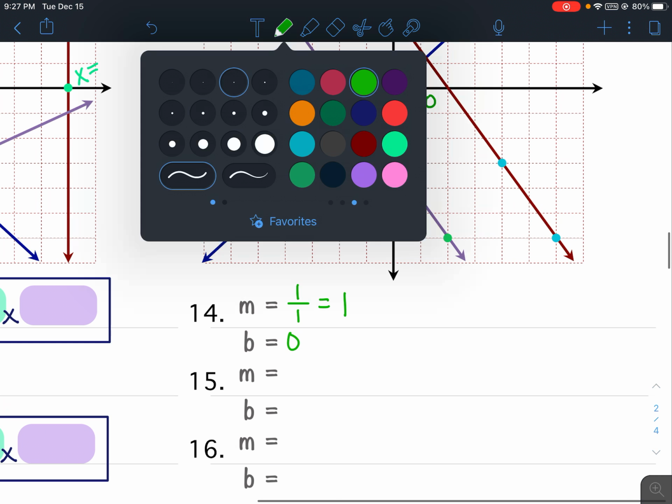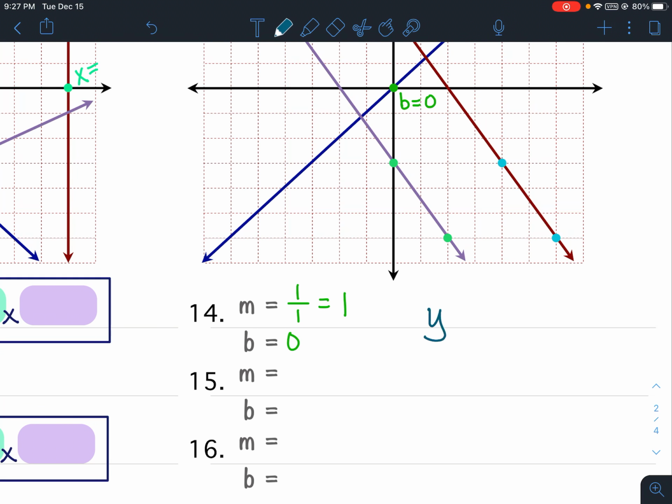So now, if I was going to write my equation, y equals 1x plus 0. Well, you don't put plus 0 at the end. So the first thing I'm going to do is get rid of that plus 0.